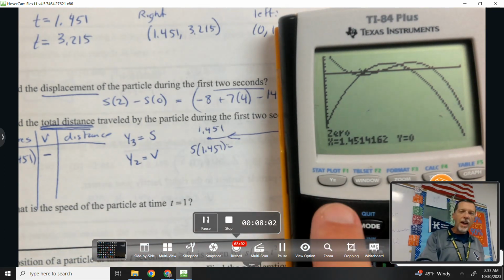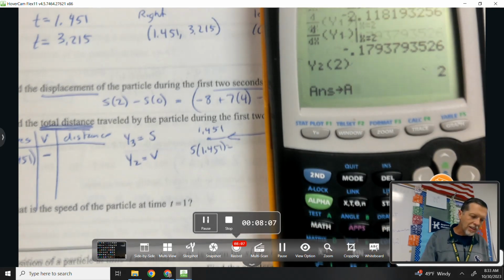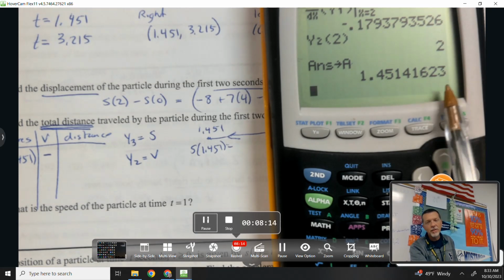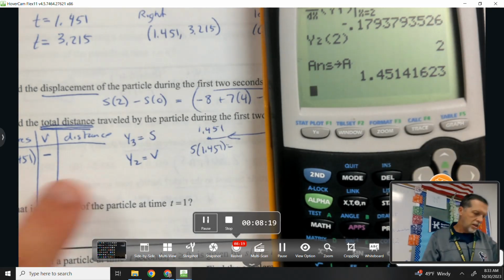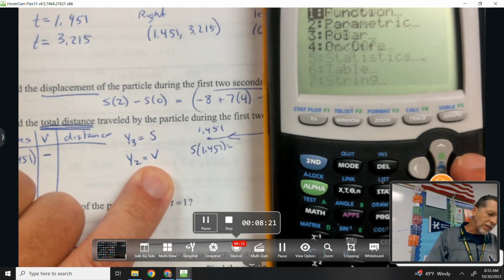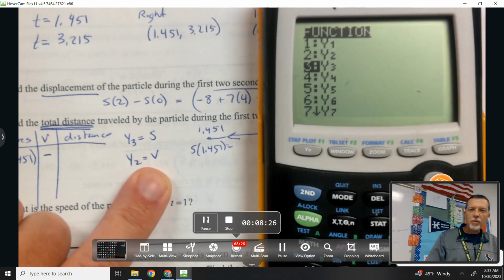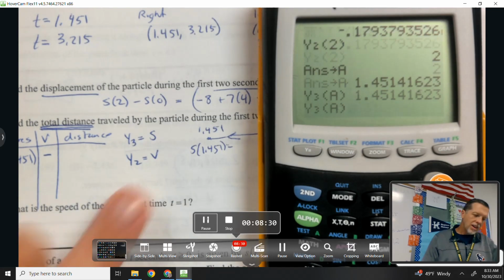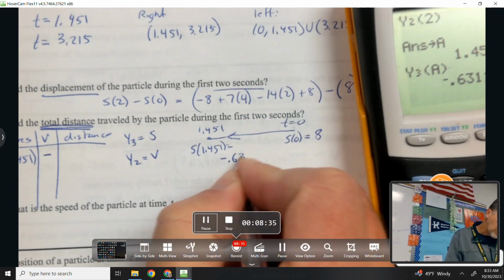If I exit and then hit store right away, I can store that as a letter, and then I don't have to type in 1.451 over and over again, and I'll have it accurate to however many decimal places that is. So now I want, this is going to look weird, but it's going to be super accurate. I want y3 because that's my position at time A. Negative 0.631.